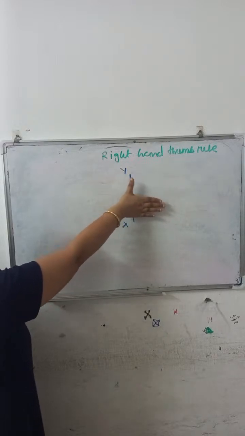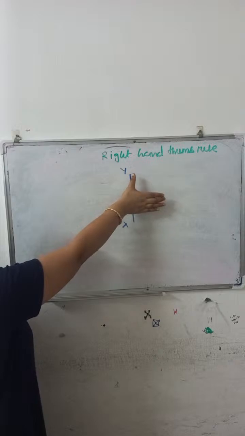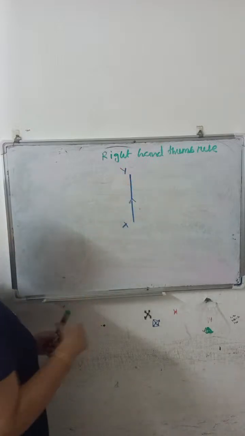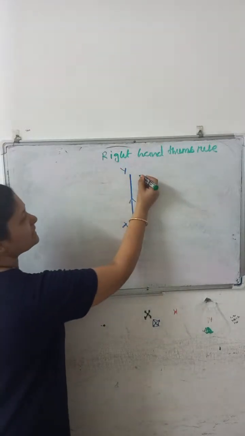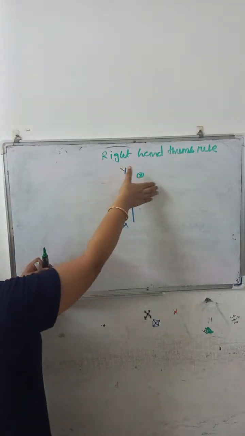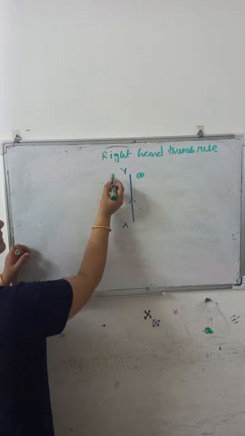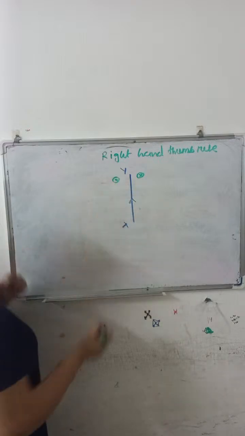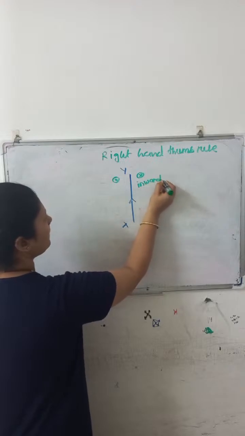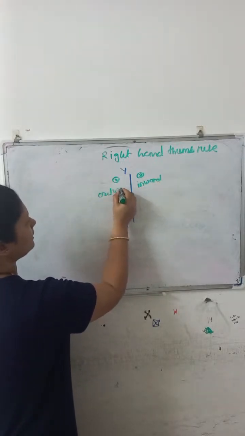Current is going upward. Curl your fingers. My fingers are going inward to the board, so inward I will show with a cross. They go in and come out from this side. So the cross is for inward and this dot is for outward.